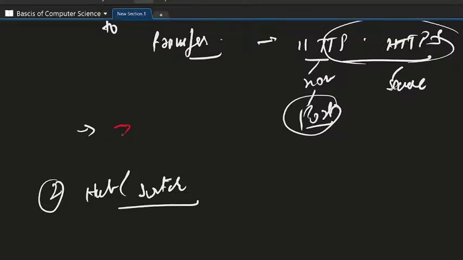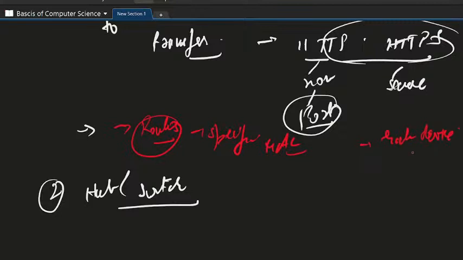So when we're talking about routers, each router has a specific MAC address. The MAC address is important, and similarly each computer, device or laptop has its own MAC address.